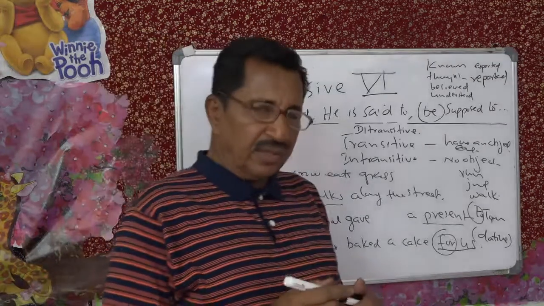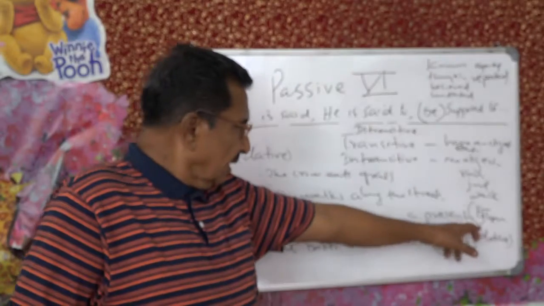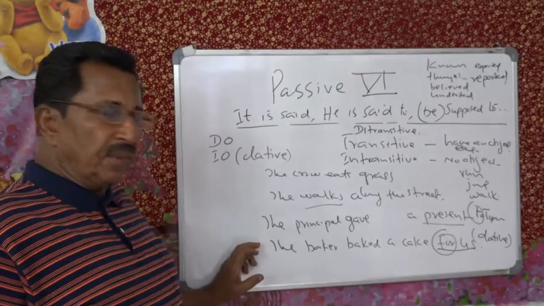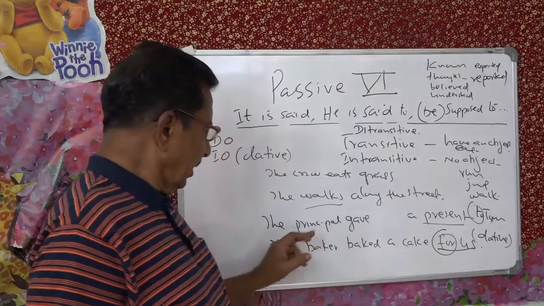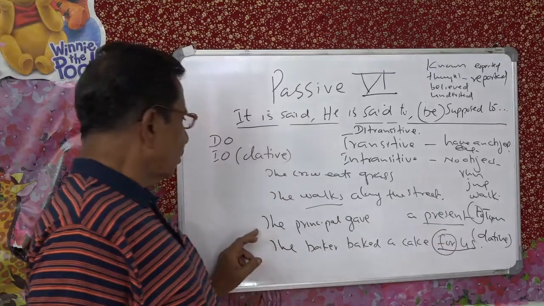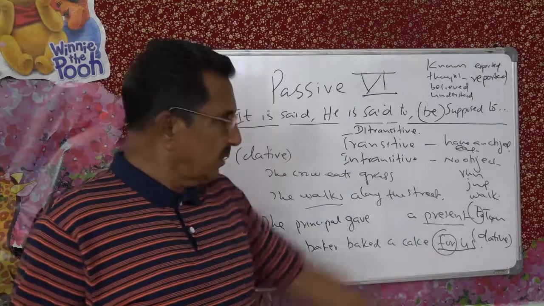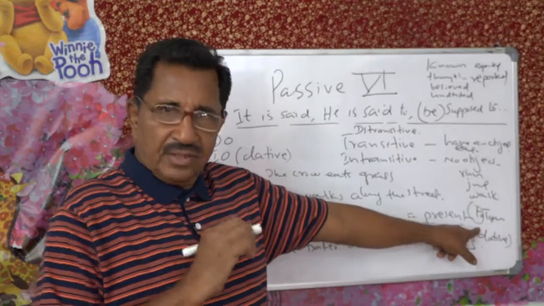Here what happens is, you can move this dative to the subject position. You can say, Tom was given a present by the principal. Or you can also write, a present was given. It's okay. But preferred is the personal object in this case.